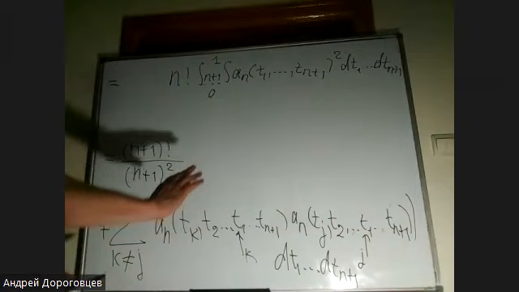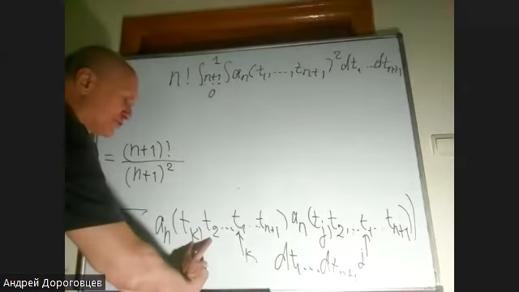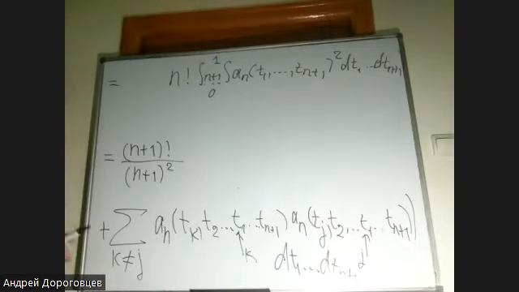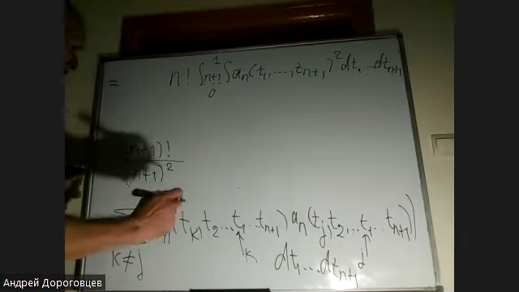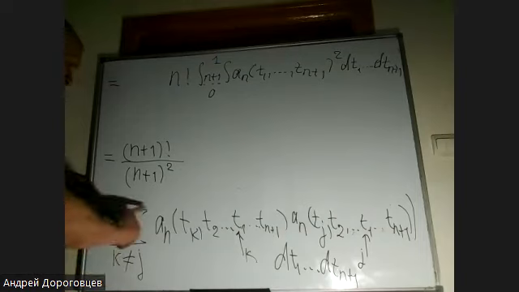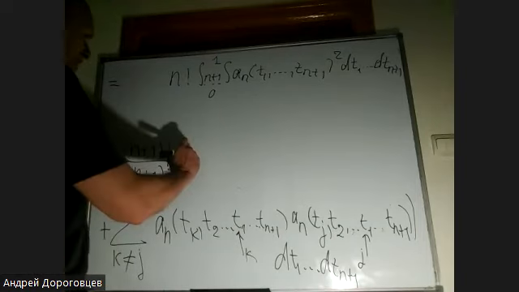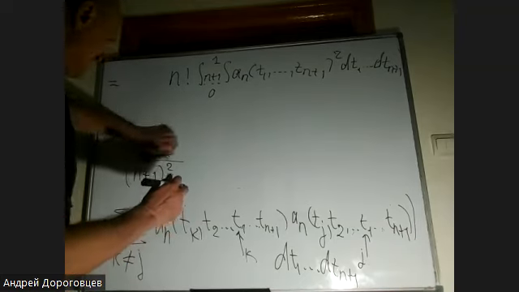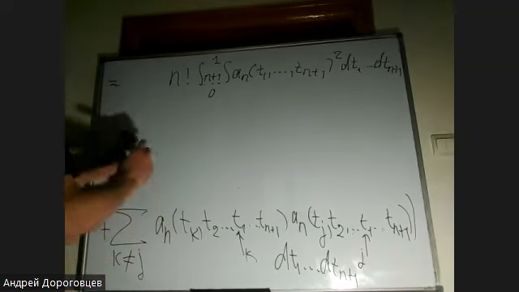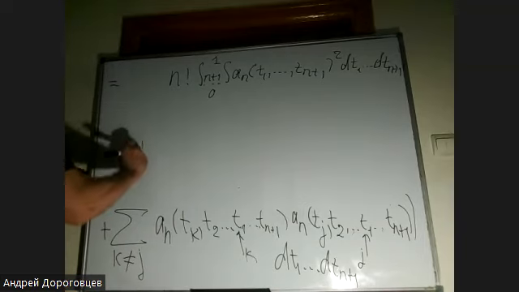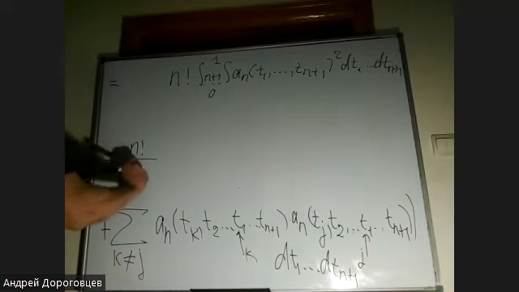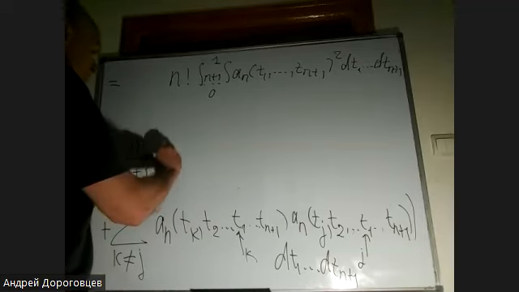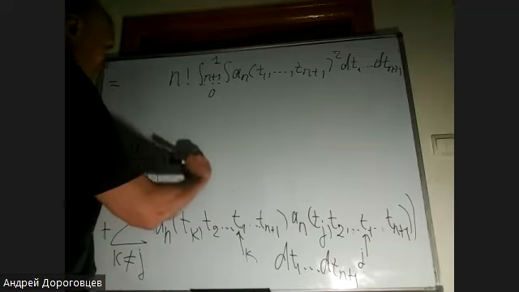So we have the same kernel, only the first two coordinates are transposed. So you can see how many such summands we get: n plus 1. By the way, here we already have n factorial divided by n plus 1. But how many such summands do we have? n plus 1 multiplied by n.